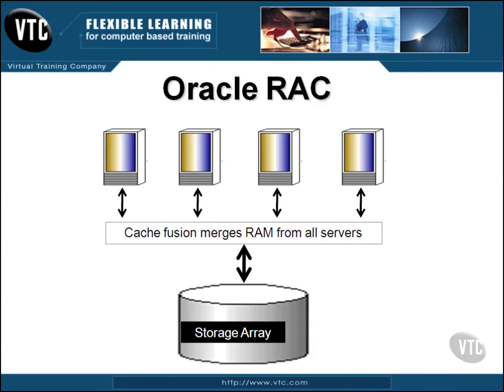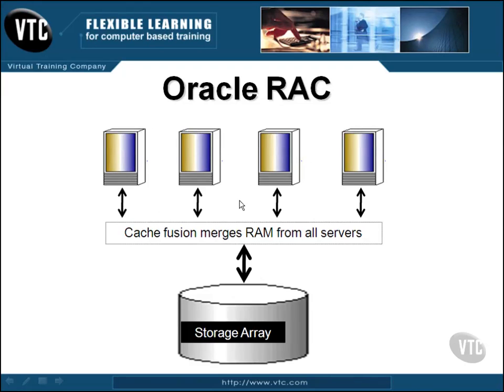I don't use it for anything other than testing, but all you're doing is taking the storage array, connecting to multiple Oracle instances all running on separate servers. Each of those servers has an Oracle instance itself with its own processors, its own memory setup, running on separate boxes.